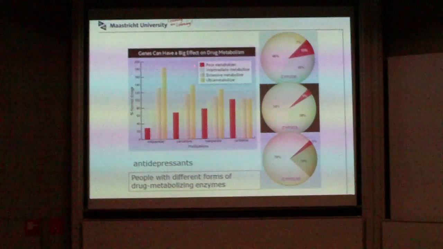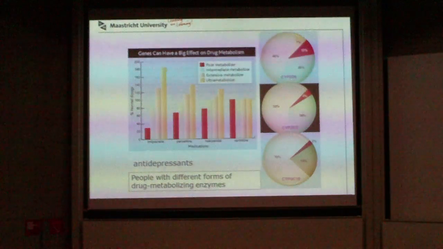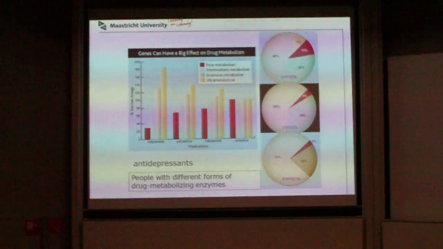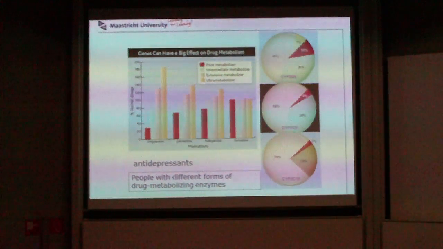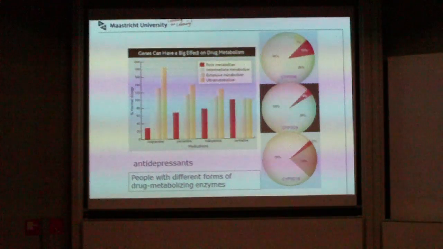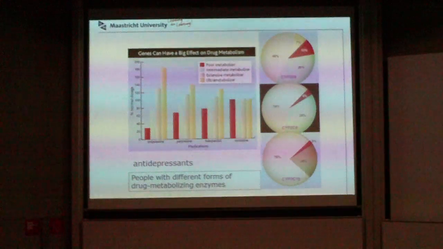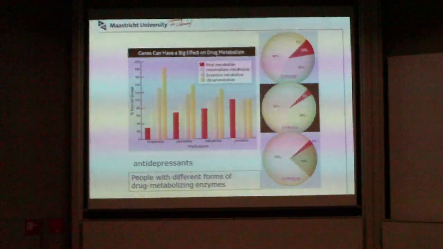You have these very poor metabolizers, indicated in red, for instance, or intermediate ones, extensive metabolizers, and even ultra metabolizers. They have a very high rate of metabolizing certain drugs.